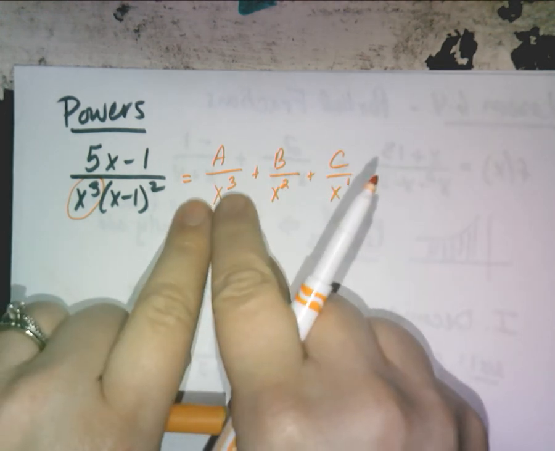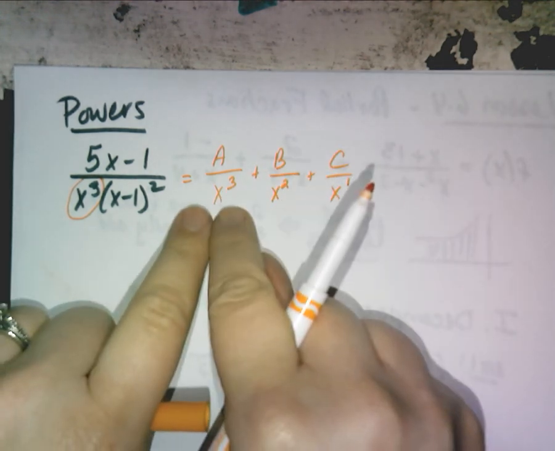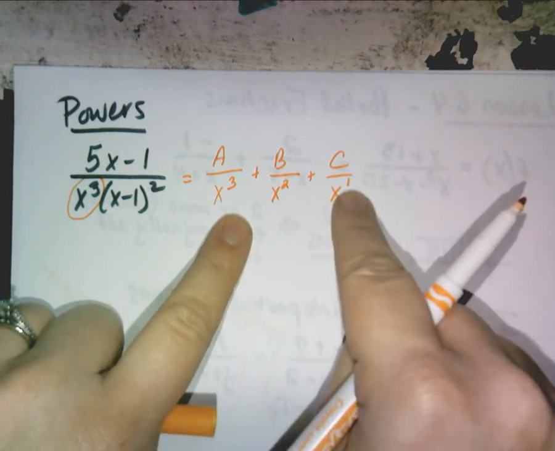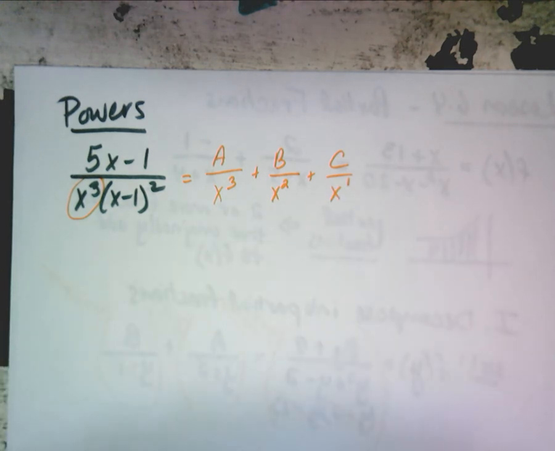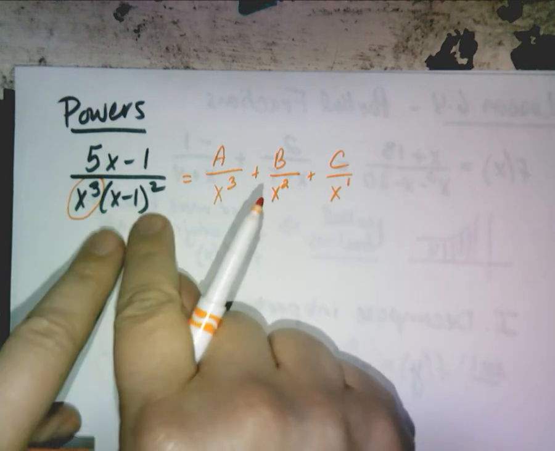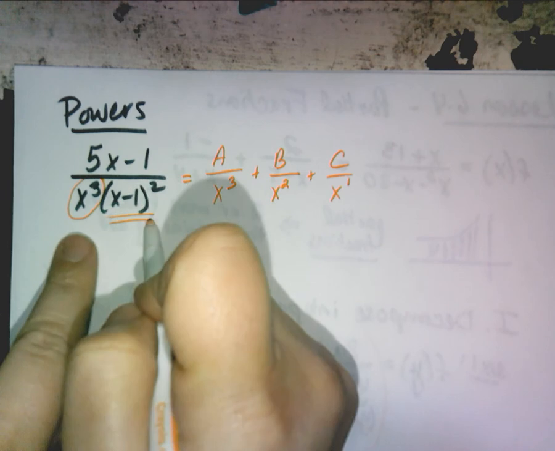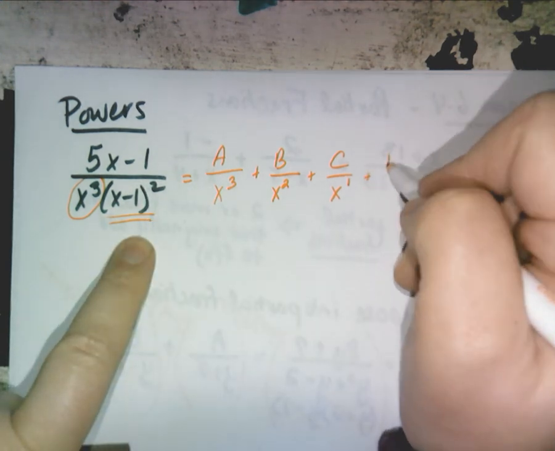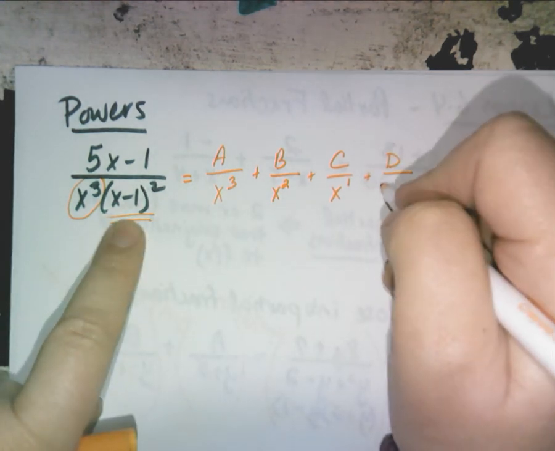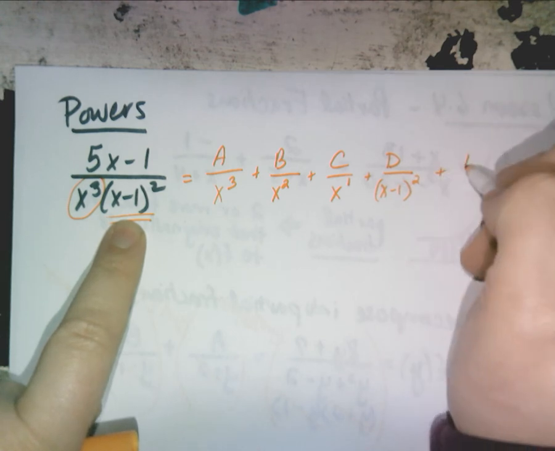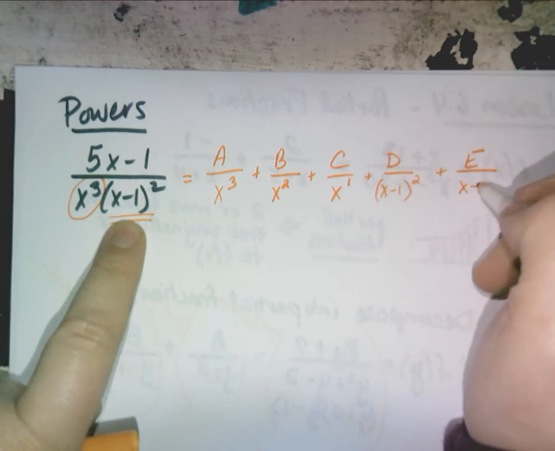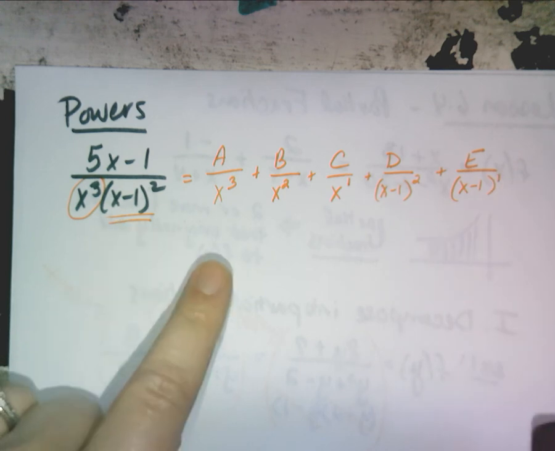You have to have all the powers of this factor down to 1 every time, unless the power is already 1, which it was in my other example. The power of each one was already 1. So then this factor, this x minus 1 squared factor, you would then have D over x minus 1 squared and an E over x minus 1 to the 1.